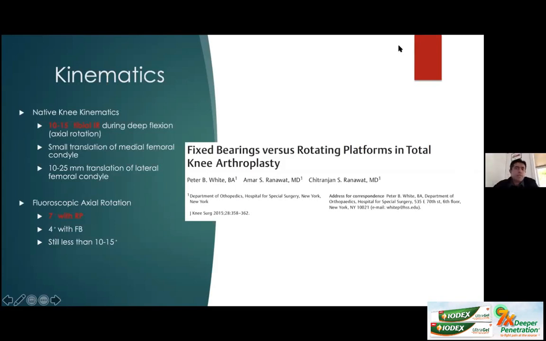With a rotating platform design, what we are noticing is that there is only about 7 degrees of rotation, not the 10 to 15 degrees that normally occurs with the tibial internal rotation. But it's still better than a fixed bearing design in which you only have 4 or 5 degrees of rotation. So there seems to be some advantage in preserving the rotation with regards to preserving kinematics.